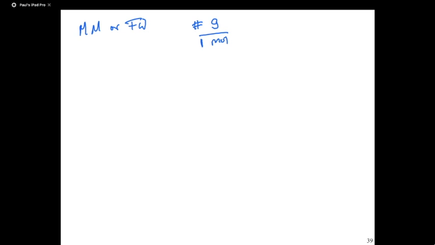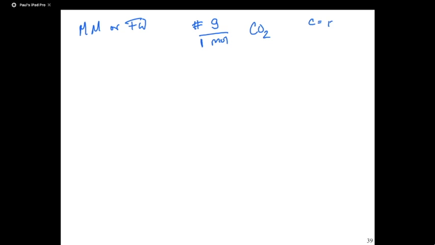Where do I get the number from grams, though? How do I know what the number will be? Someone's pointing somewhere. From the what? The atomic weights of the compound that you're given. So by chance, if I wanted to know the formula weight or the molecular mass of carbon dioxide, okay, how many grams would it take to get 1 mole of that?